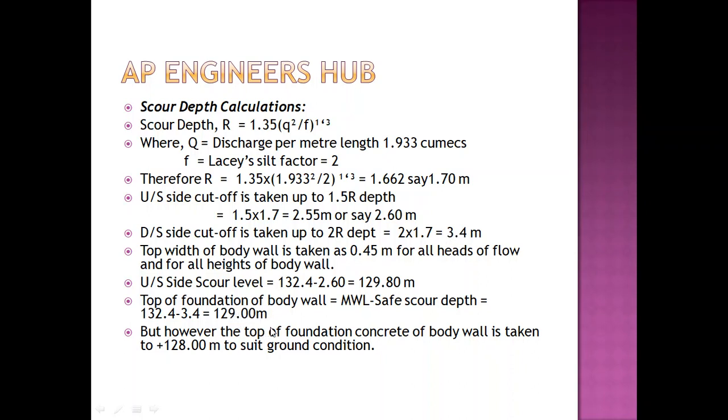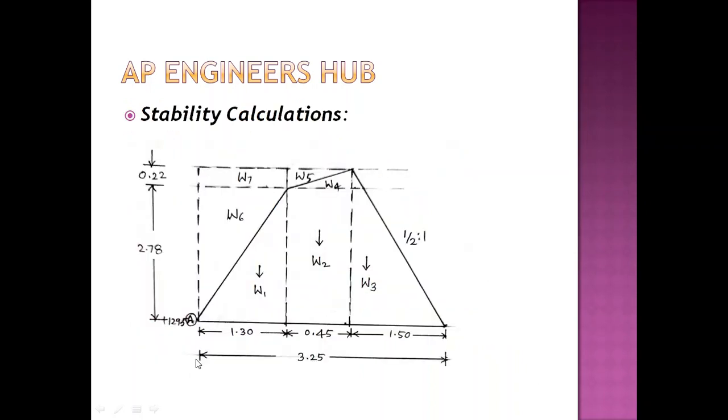We obtained 129 meters. However, the top of foundation concrete of body wall is taken as 128 meters to suit the ground condition, because the foundation top level is higher than the ground level, so we have to go down. So taken 128 meters.